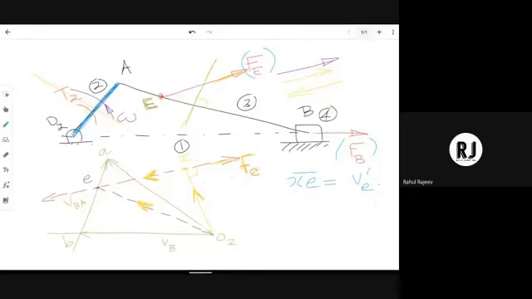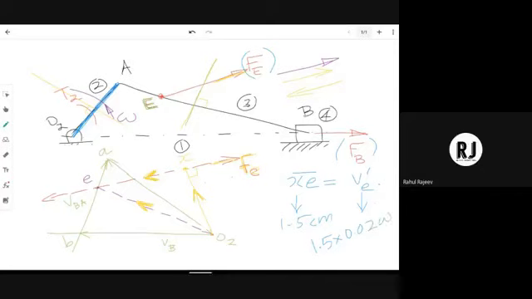Yes, sir. Okay. Just assume XE to be 1.5 centimeter. I am just taking it. 1.5 centimeter. If so, V dash E will be what? We already have the scale for drawing the velocity diagram. 1 centimeter is equal to 0.02 omega meter per second. That means 1.5 centimeter will be equal to 1.5 multiplied by 0.02 omega.